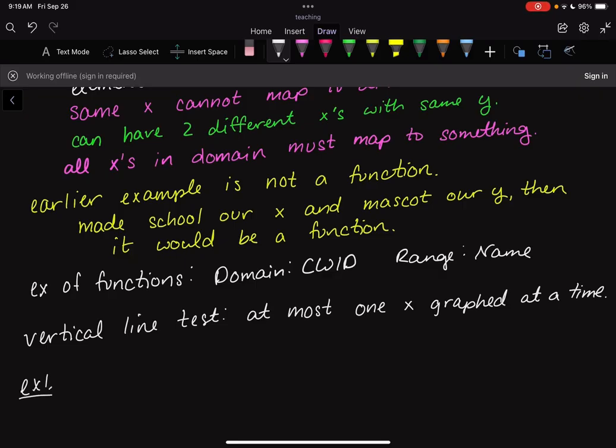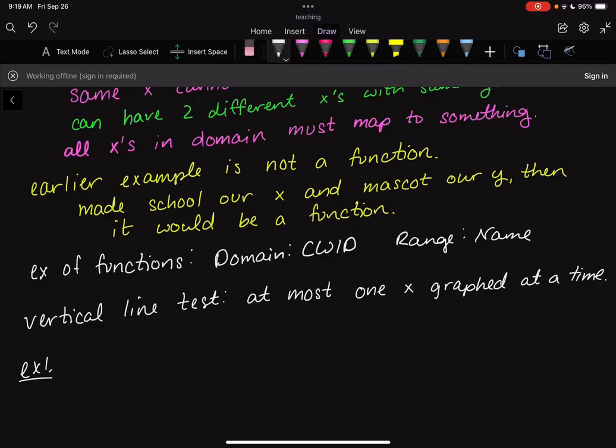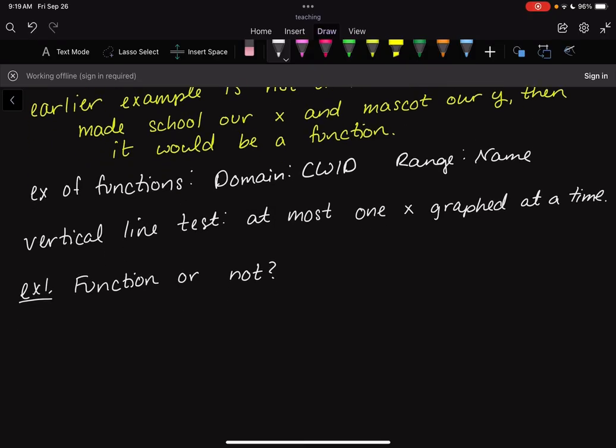So example 1, we'll say function or not. And so for A, let me make up a few.